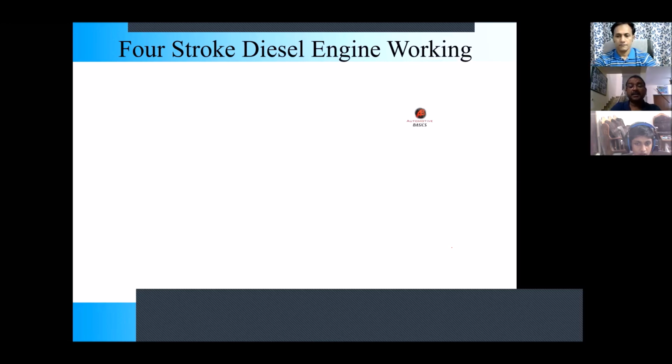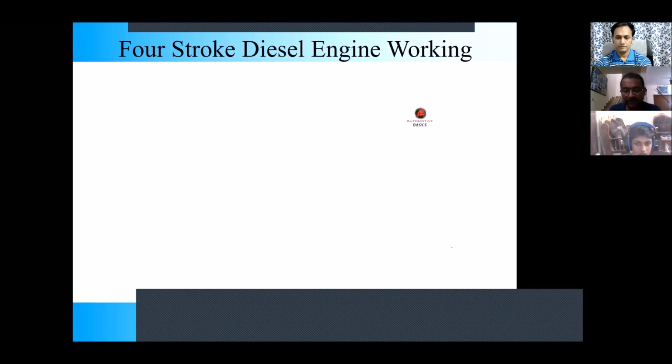The video has defined the working of a four-stroke diesel engine, the very basic working. So a diesel engine will give you a to and fro motion. Piston can be moved to and fro.